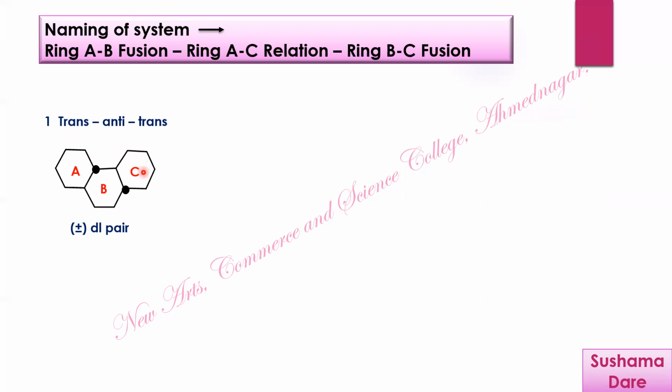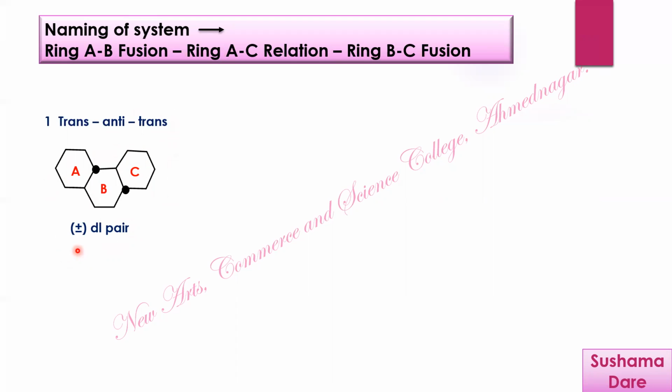The relation between the terminal rings, now A and C: this is an up hydrogen, this one is down. So the relation is opposite, so it is termed anti. And BC fusion, again, down hydrogen, up hydrogen, the relation is opposite, so it is a trans. So AB fusion is trans, AC relation is anti, and BC fusion is again trans.